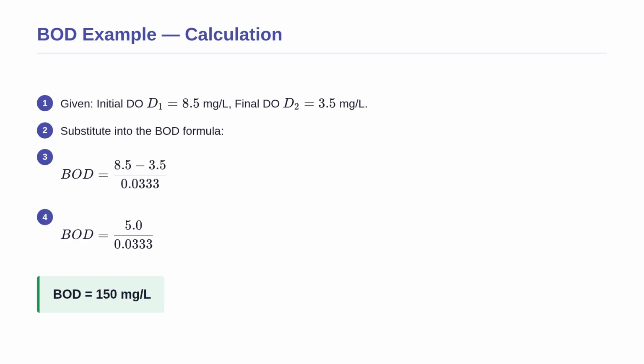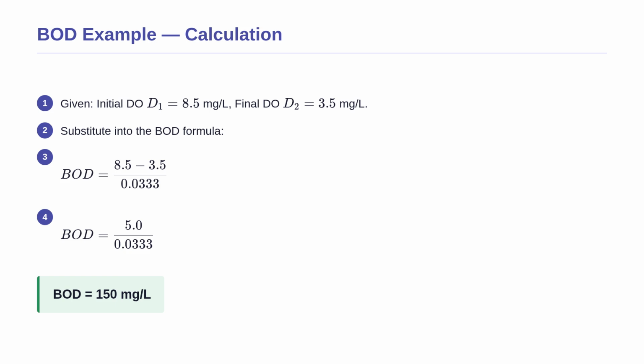Now that we have our dilution fraction, we can complete the calculation. The scientist measures the initial dissolved oxygen and finds it to be 8.5 milligrams per liter. After keeping the bottle in a dark incubator for 5 days, she measures it again and finds it has dropped to 3.5. We substitute these known values into our main BOD equation.